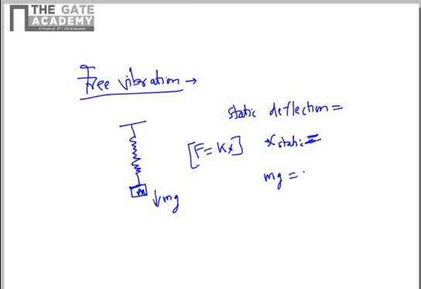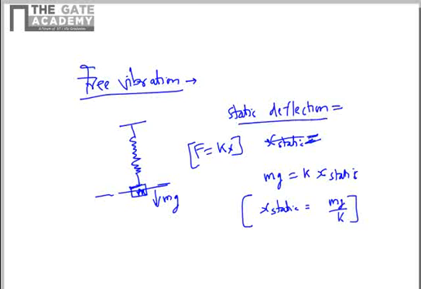So mg is equal to k into x static. So this will be the equation for static displacement. You can get the static deflection is equal to mg by k. So this is your equilibrium position, the zero position, and this will have a static, predetermined deflection.